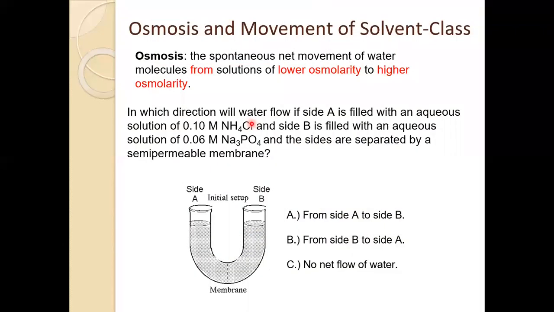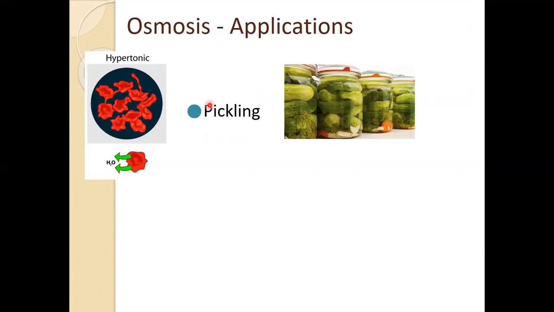And finally, some fun applications of osmosis. So our first example is pickling. Pickling, of course, is just cucumbers that have been immersed in a saline solution for a very long time. And of course, most of us really like pickles, but we don't necessarily like cucumbers. The reason is that a cucumber, which is mostly water, has a taste to it, but the taste is very dilute.